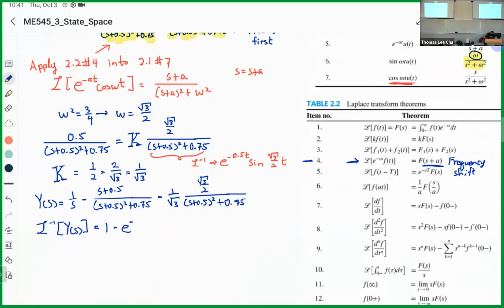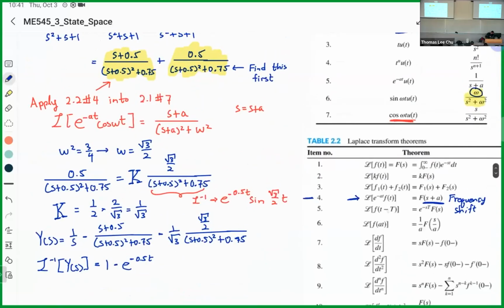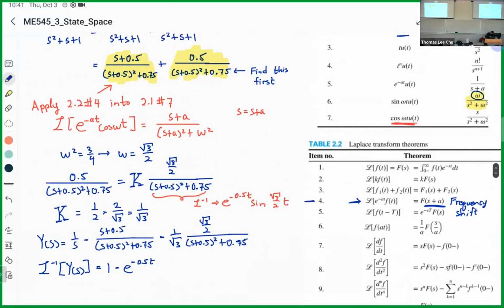Minus e to the negative 0.5t, because that's property number 4, the frequency shift, multiplied by property 7, which is cosine of root 3 divided by 2 t, minus 1 over root 3 multiplied by e to the negative 0.5t multiplied by sine of root 3 divided by 2 t.